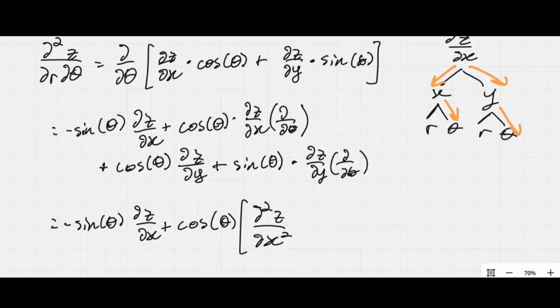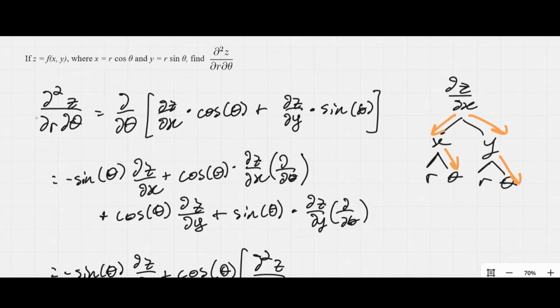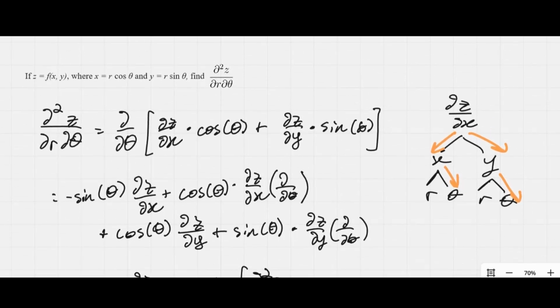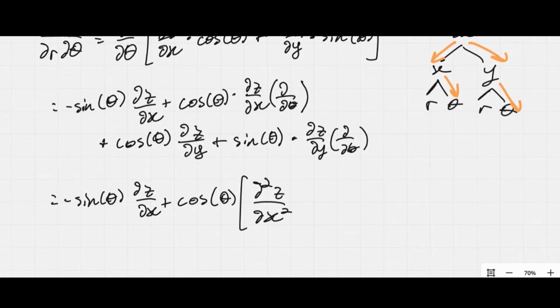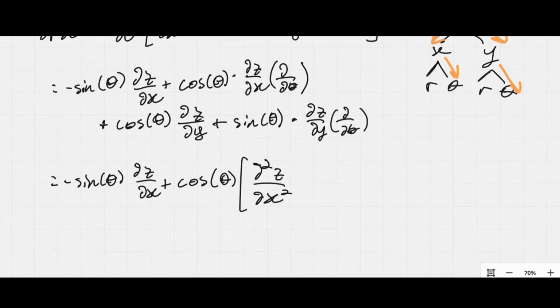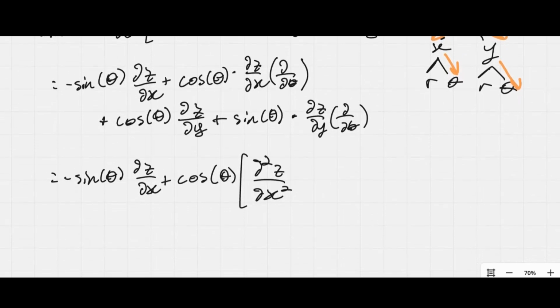The partial of x with respect to theta is just going to be negative r sine theta, because we're finding the partial with respect to theta of that intermediate variable. So once again, negative r sine theta.